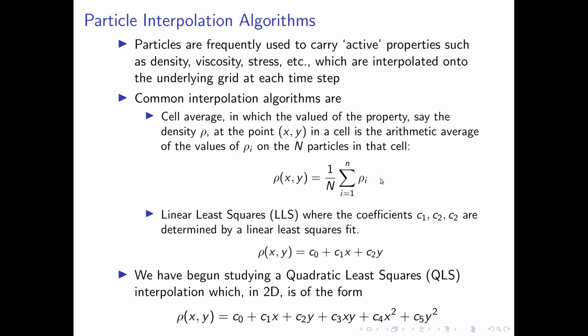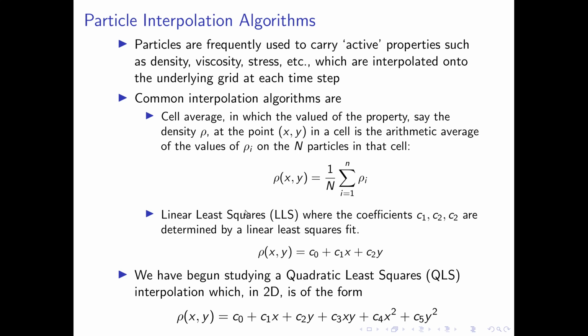So at every time step, you take the cell average of the values of density on each particle, and that is the value you place everywhere in the cell. You use it in the integration scheme so that it goes into the computation of the velocity and the pressure.